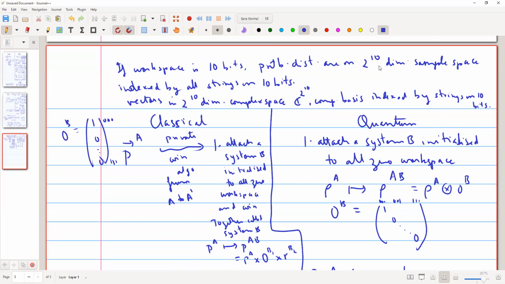So what is the most general information processing object that would work with this sample space? That will be a probability vector, a 2 to the 10 tuple. Mathematically, the most general object that will work here will be a 2 to the 10 by 2 to the 10 density matrix.